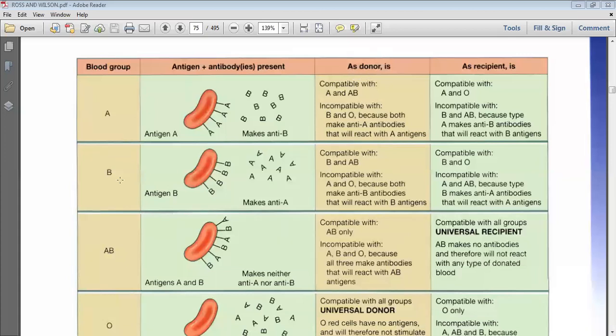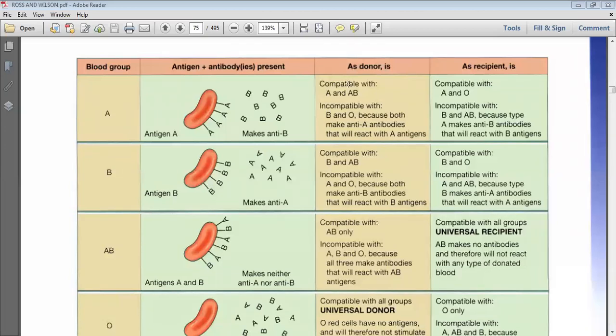Okay. The same thing for blood group B, which has the surface antigen B on the surface of red blood cell, and it makes the anti-A antibodies in the plasma.